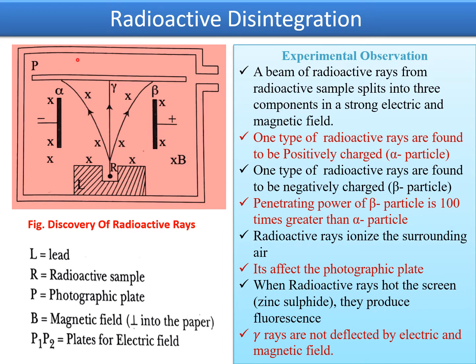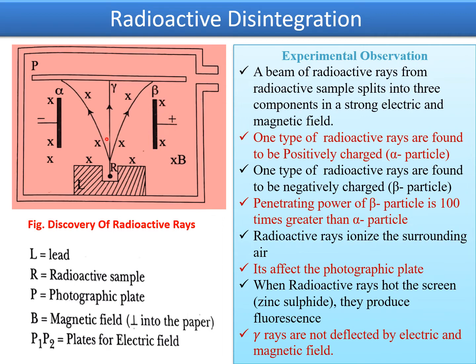It shows that the alpha particle must be positively charged. Second, the beta particle shows minimum deflection as compared to the alpha particle because of its high speed, which is greater than the alpha particle, and it is diverted towards the positive plate. It shows that beta must be negative.